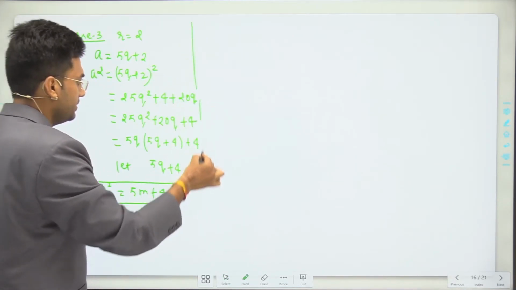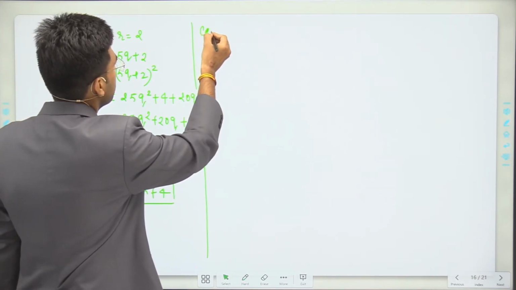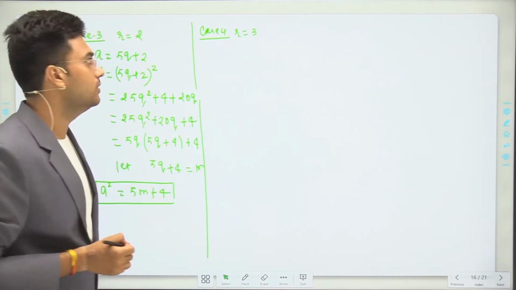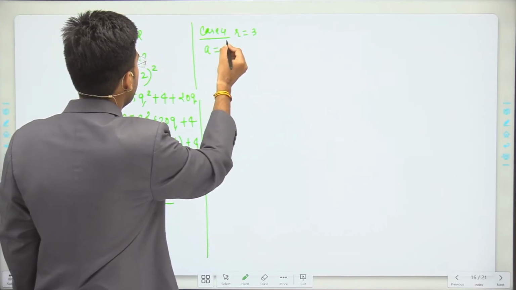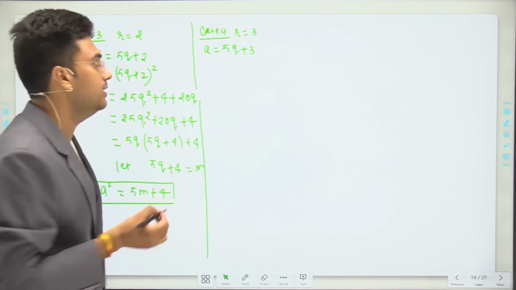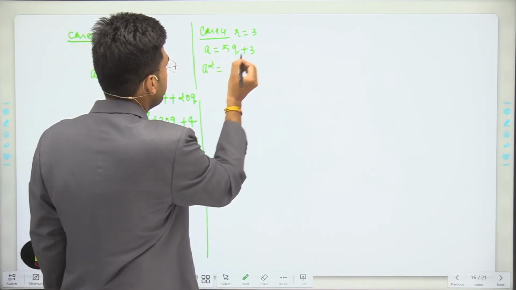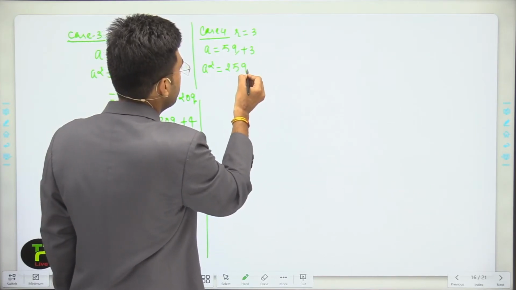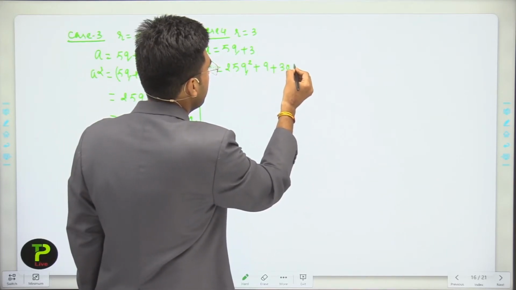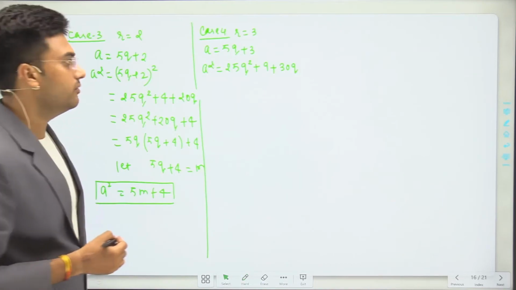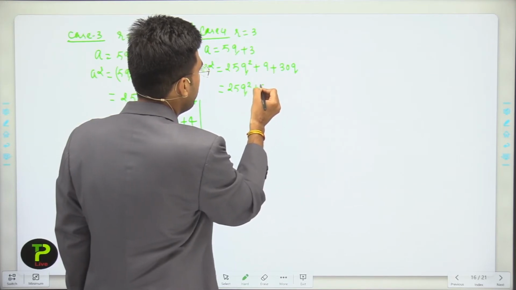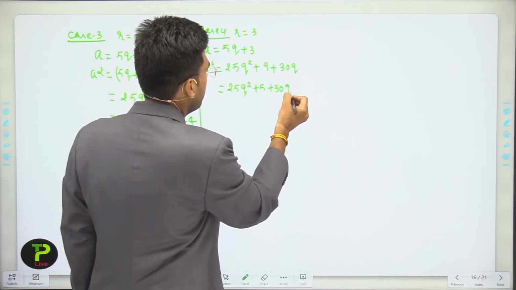Now come to the next case. Next is case 4, r is equal to 3. If r is equal to 3, then a is equal to what? 5q plus 3. Then a square is equal to 25q square plus 9 plus 30q, and we can write it as 25q square plus 5 plus 30q plus 4.